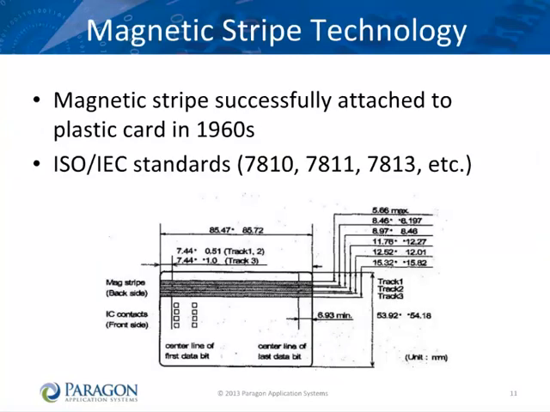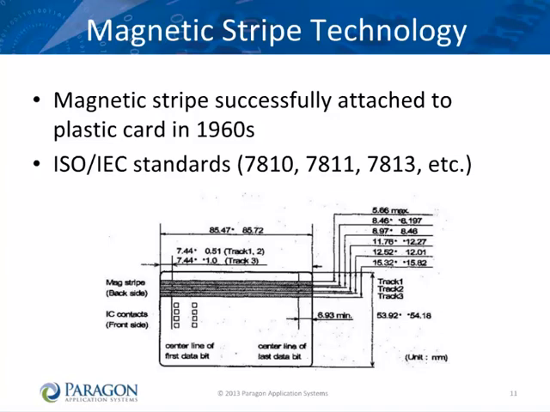In the 1960s, IBM discovered a way to attach a magnetized strip of tape to a plastic card. 3 parallel sets of data, called tracks, were then placed in this magnetic stripe. By the 1980s, standards had been established for payment cards so that all payment devices knew what tracks could be found on a card and exactly where, and the format of those tracks.